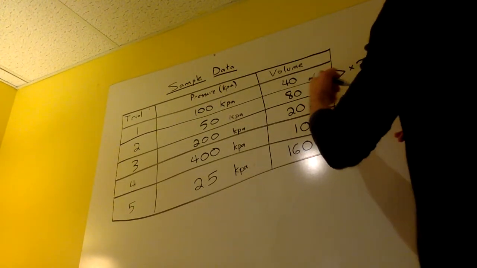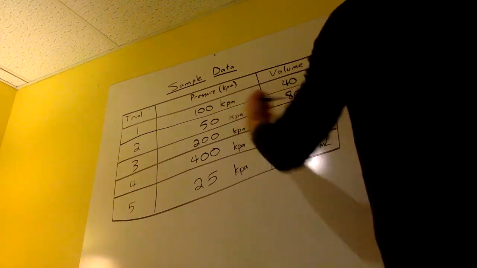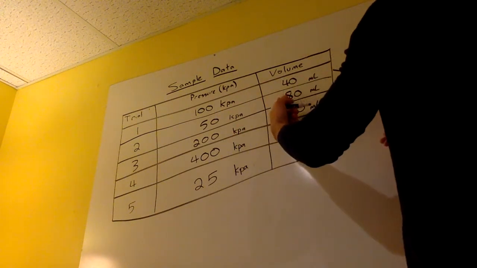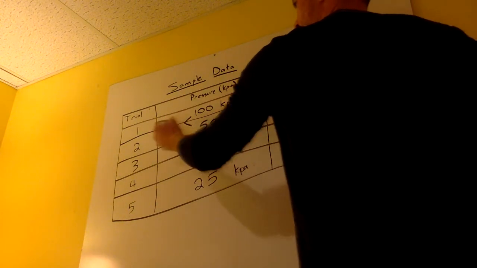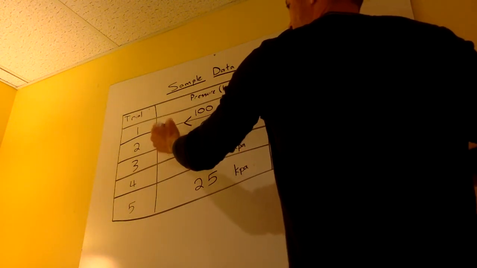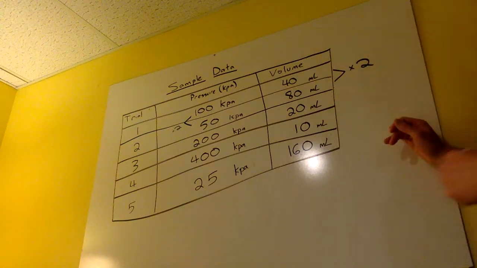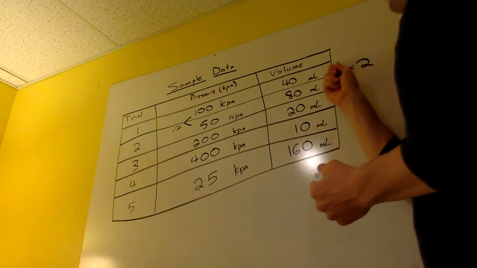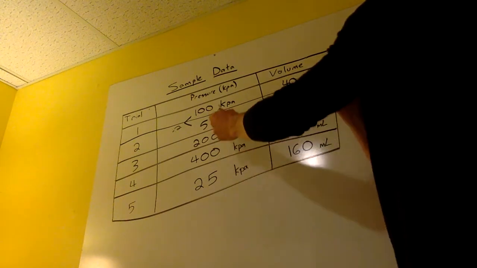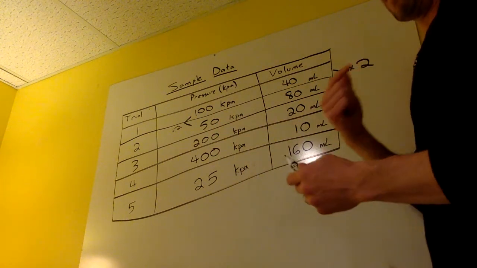And so if I do that, what happens to my pressure? If my volume doubles, what happens to my pressure? It gets cut in half. It goes from 100 to 50, and that is essentially dividing by 2. So it's the opposite, right? So my volume goes up, it doubles, my pressure goes down, it is cut in half, right?